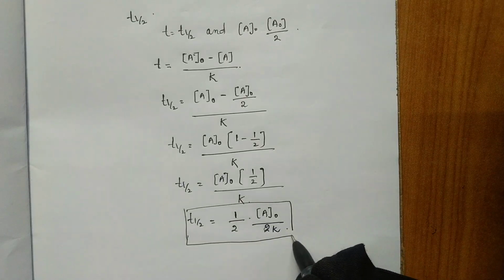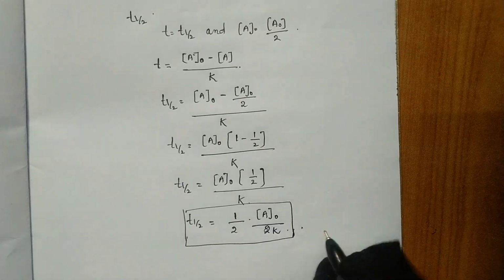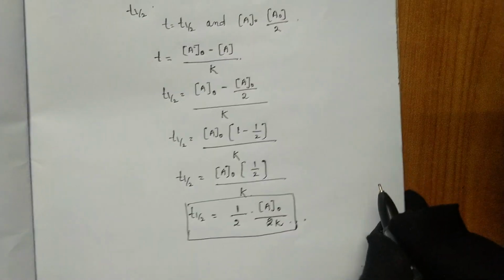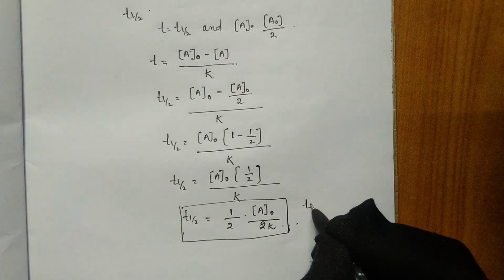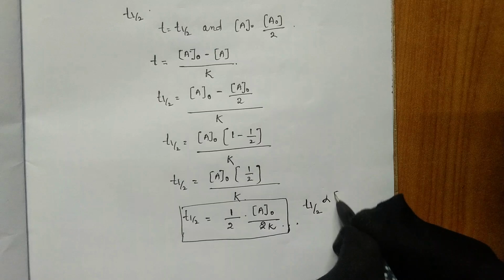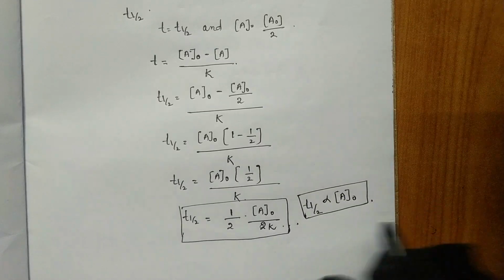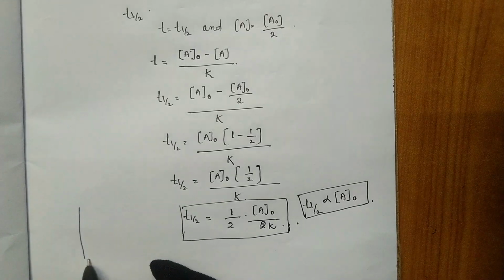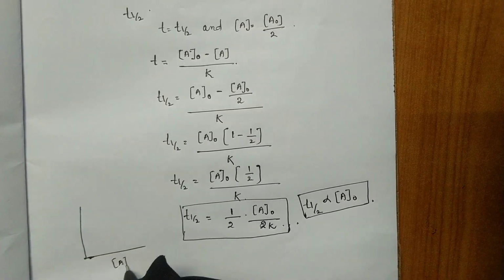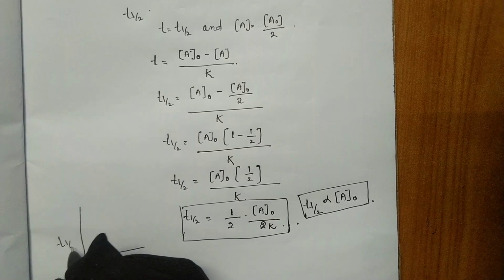This is the half-life for a zero order reaction. Here we can write that t half is directly proportional to the initial concentration of A. Now let's see the graph between initial concentration and t half.